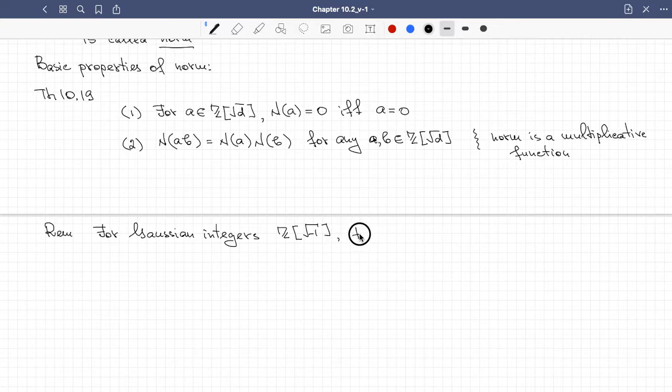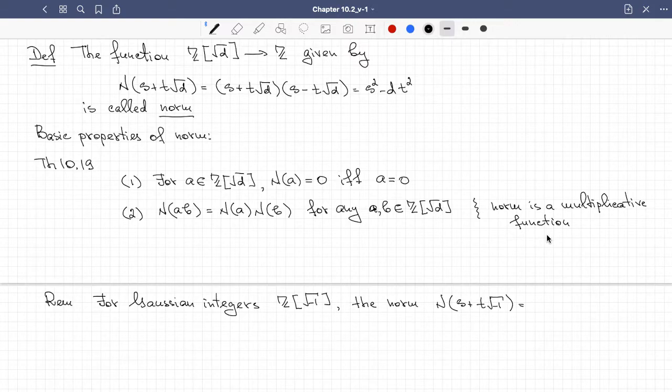The norm N of s plus t root of -1 is, according to our formula, s squared minus -1 times t squared, which means s squared plus t squared, which makes it into a Euclidean domain.